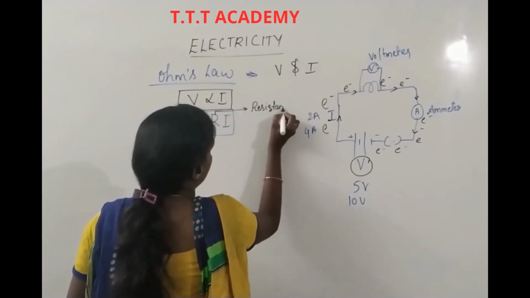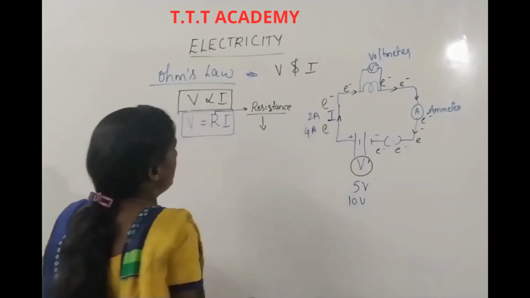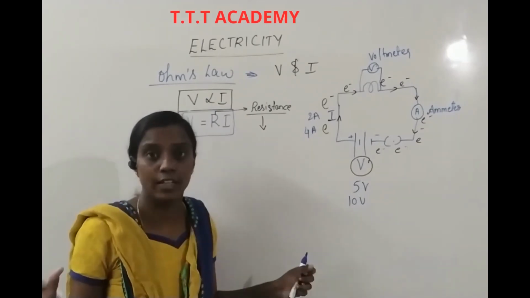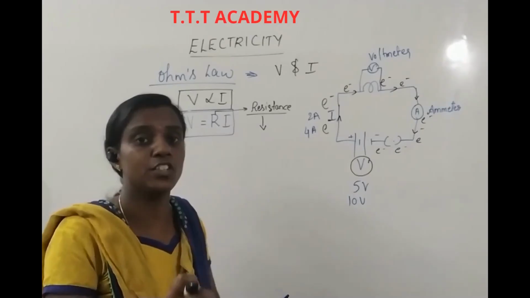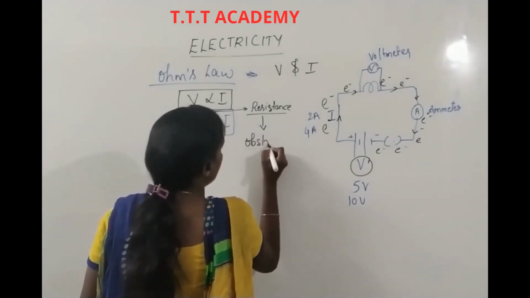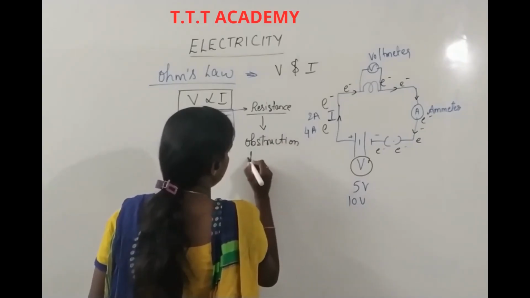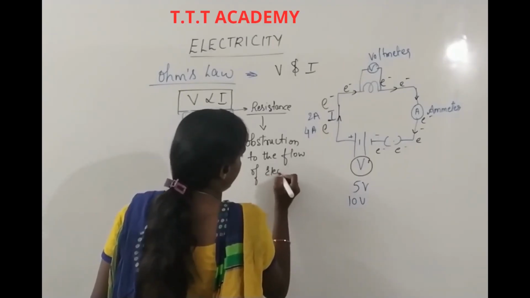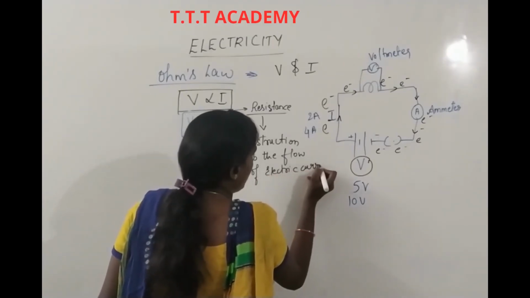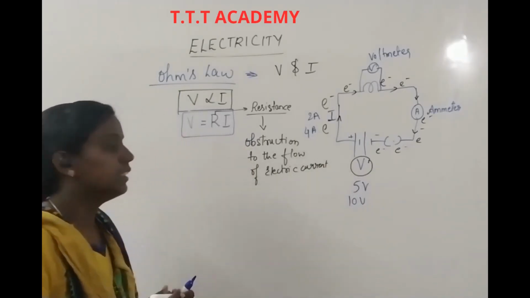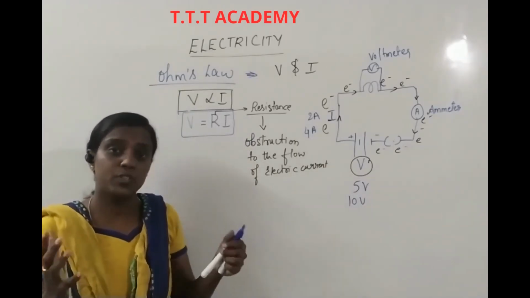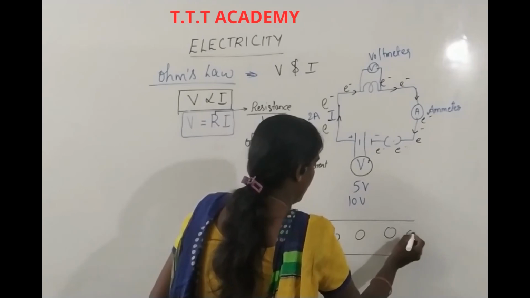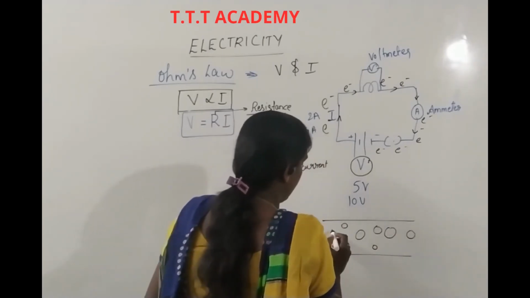A new word, resistance. Resistance is an obstruction to the flow of electric current. See, if you take a copper wire, there will be many atoms and many electrons.